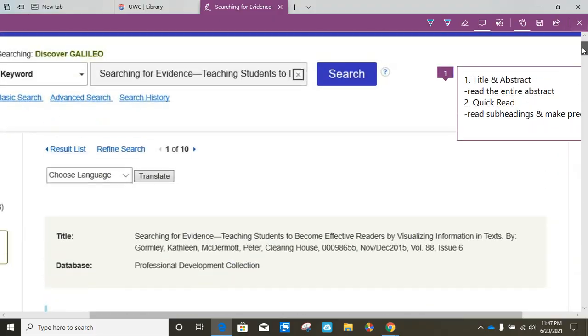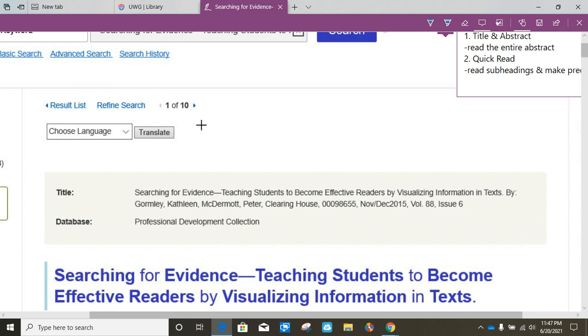So when I say make a prediction, what I'm saying is we probably need to determine which subheading is going to be the most important for the reasons why we're reading the research paper. I'm going to say that the most important part for me is going to be the critical thinking.